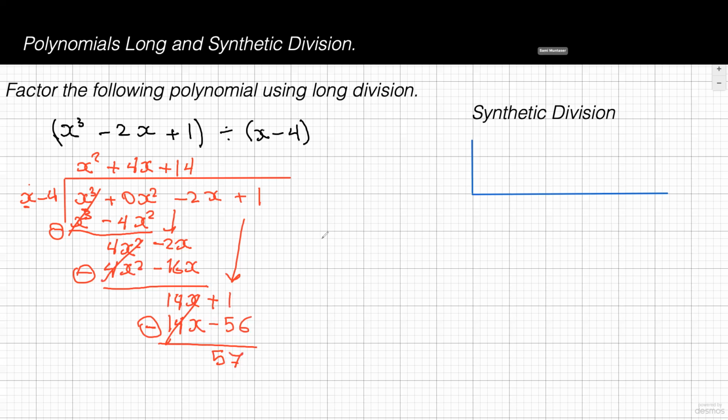Okay, now just some terminology here for you. What we got in here, we call it the quotient. And the 57 that we got here, we call it the remainder.